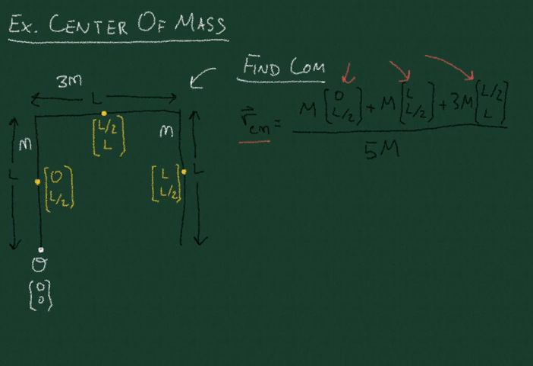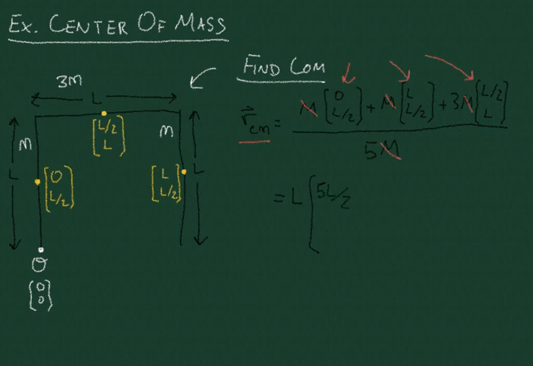So when we work this out, the m's all cancel out. We can pull out an overall factor of L. For x we have 0 plus L over 2, plus 3L over 2 for the top, which is 5L over 2.